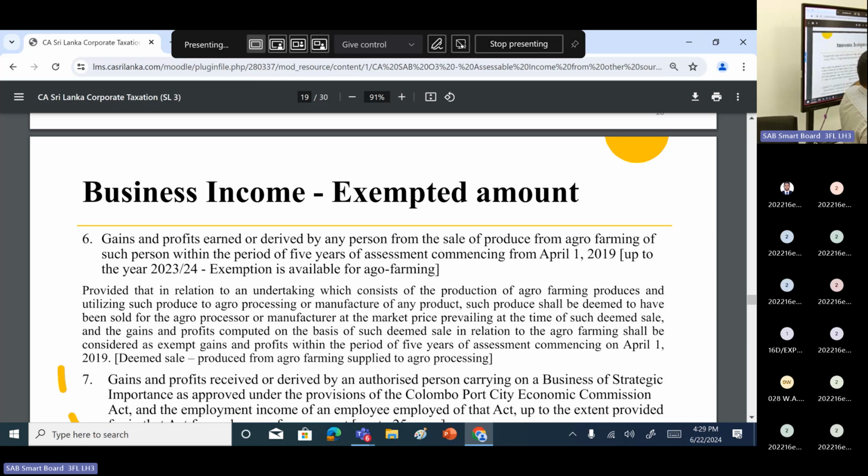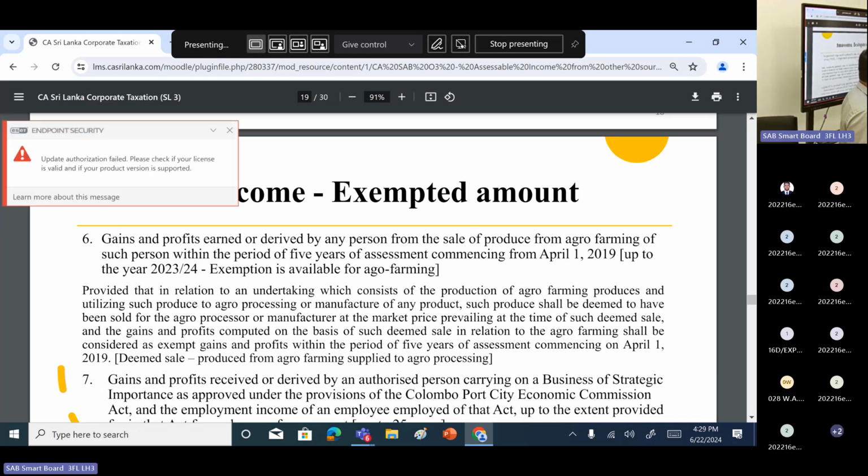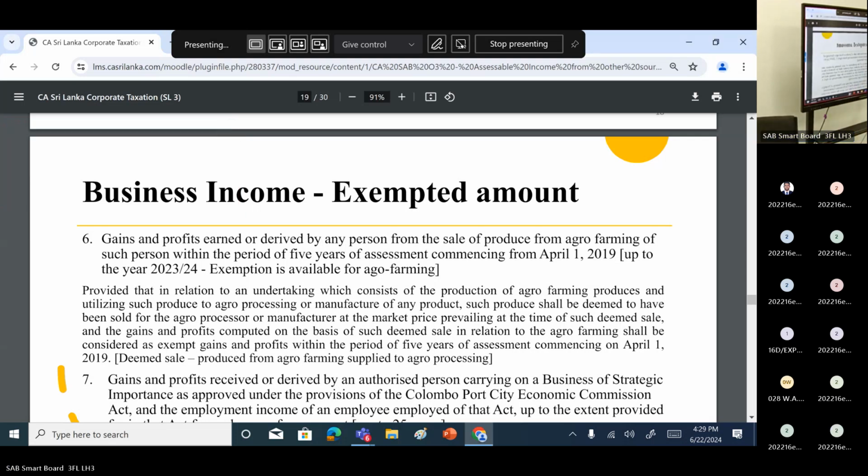Under the computation of business income or investment income, if you want to work out an income, it follows the provisions of the tax law as applicable. Say I have a business where one part is exempt from tax and the other part is liable for tax.